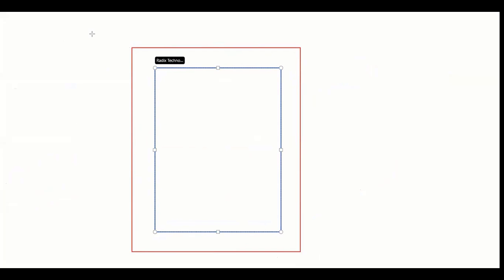Now, if I tell you, suppose this outside red one is my 10 inch, and this one, the breadth, is 6 inch.